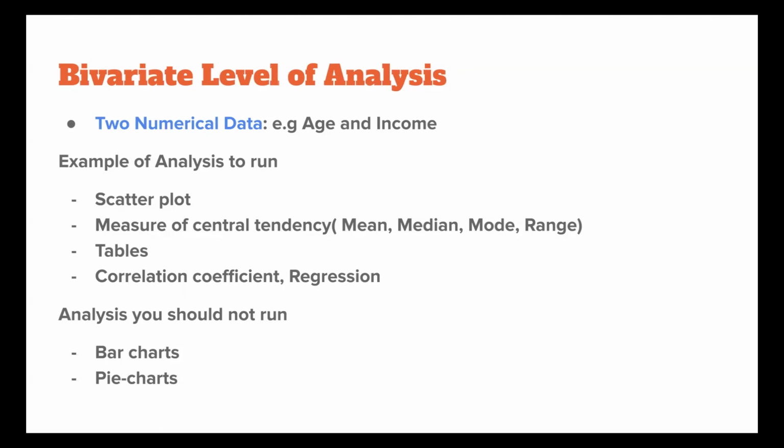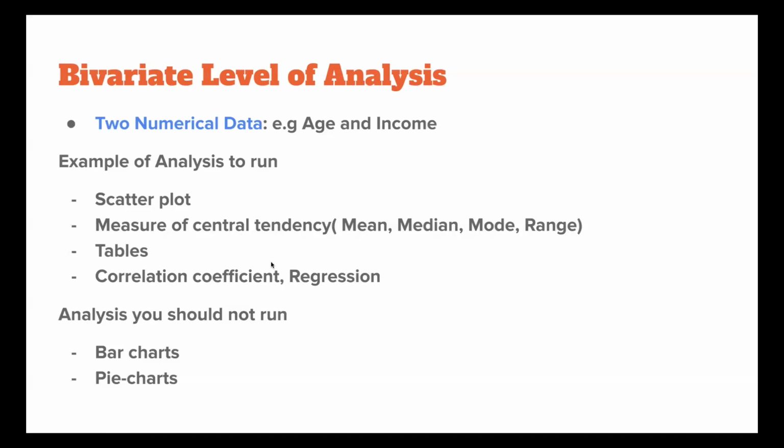For example, if you have age from say 20 to 60, you can group everyone between 20 and 40 as one group, and 41 to 60 as another group. But imagine you are not transforming your numerical data, you're leaving both as numerical. These are the types of analysis you can run: scatter plot, measures of central tendency, tables, correlation.